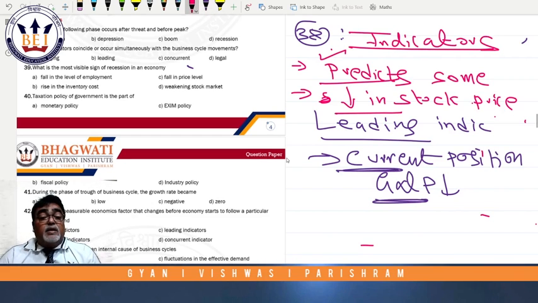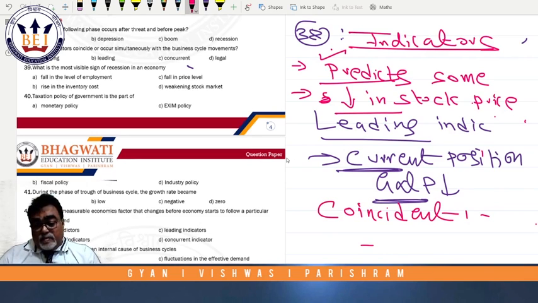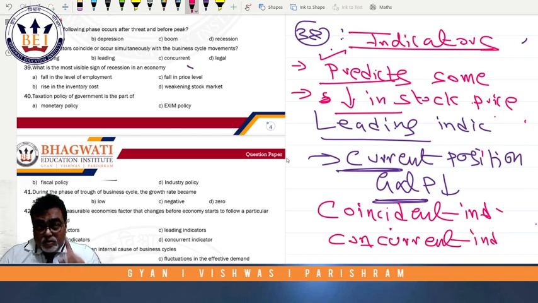Another indicator is called the coincident indicator. Some economists call it the concurrent indicator. Once more, the indicator which predicts something, like stock price, a change in the scenario of the economy, or a change in purchasing power, is a leading indicator. But what is coinciding with the current? Call it a coincident indicator. Let us consider the present situation.